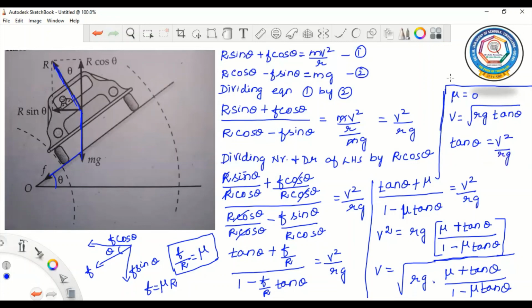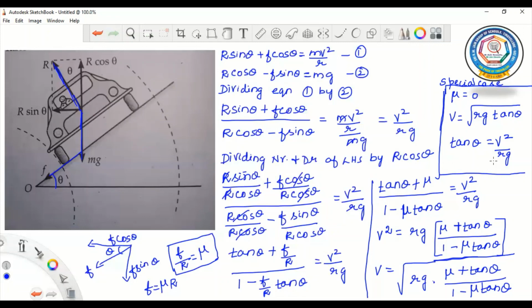So this is the most important special case. Or else you can say theta is equal to tan inverse of v square by rg.